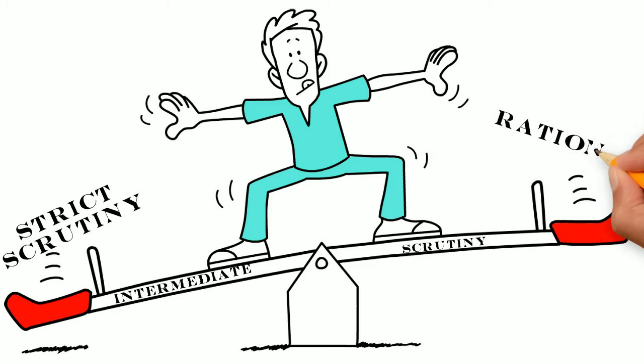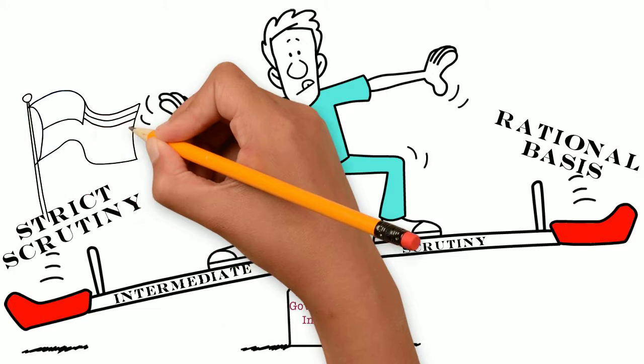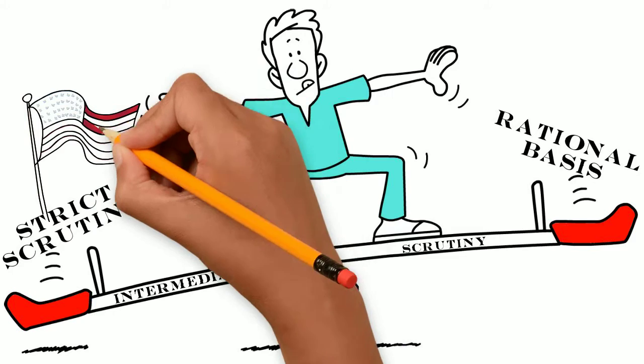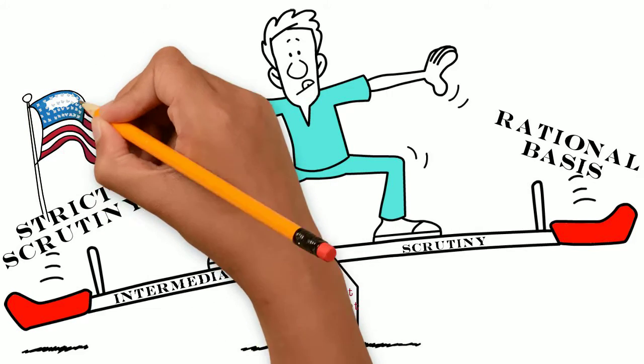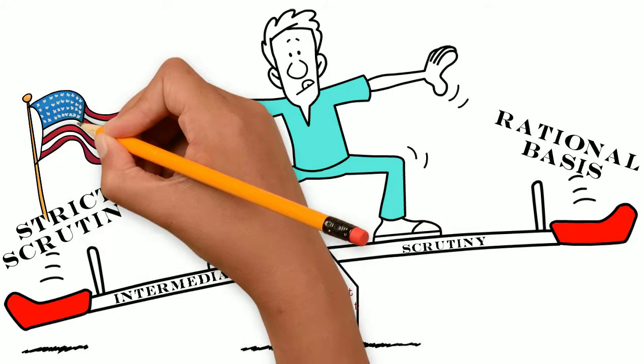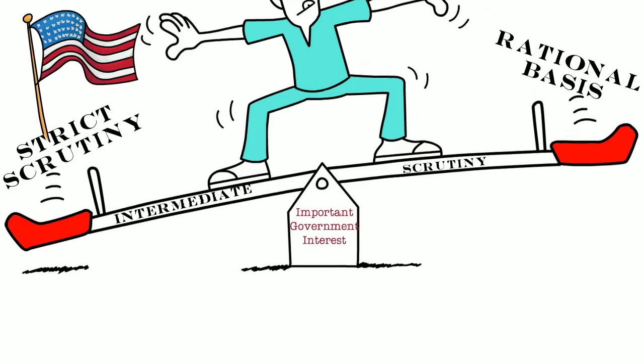Also, finding an important government interest for the screening is easier than finding a necessary and compelling interest, as is required under the strict scrutiny test. Although not as tough as strict scrutiny, challengers would still prefer this lens rather than the rational basis test, because, like strict scrutiny, the burden of proof is still on the government.